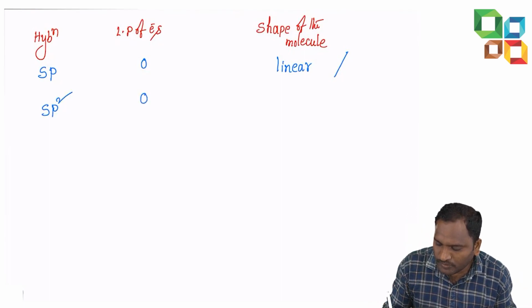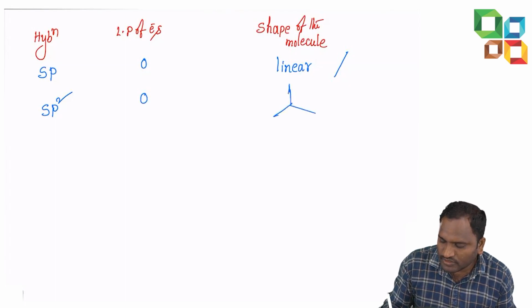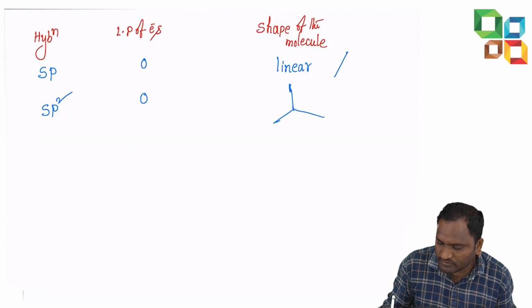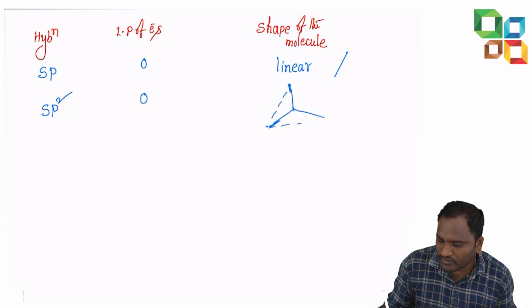What is the geometry of sp2 hybridized molecules? The other day I gave the types of hybridization. The geometry is triangular planar.